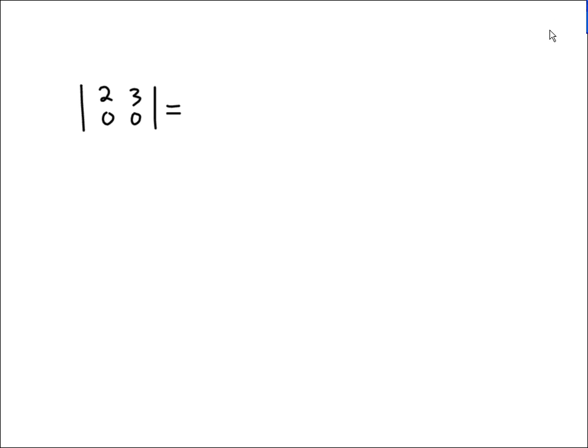Well, of course this will be 0, because 2 times 0 is 0, minus 3 times 0 is 0. Every time I look at a product, whether it's 2 times 0, it took an entry from row 2, and when I did 3 times 0, it took an entry from the second row. And those entries are always 0.